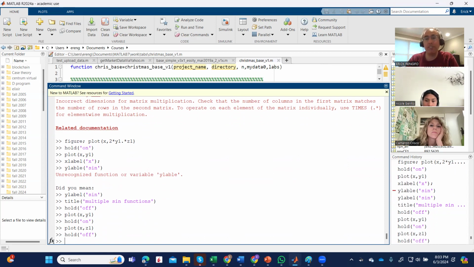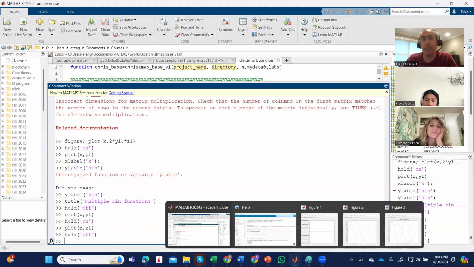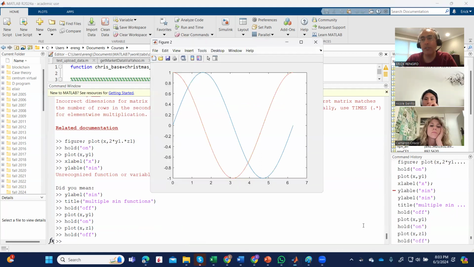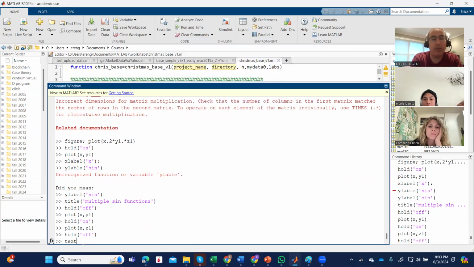Okay, so my graph is this one here. Imagine, guys, that I want to add a text here. I want this to be sine of x. I want the sine of x appearing here. So what I can do there is simply write text, and I need to give the coordinates.